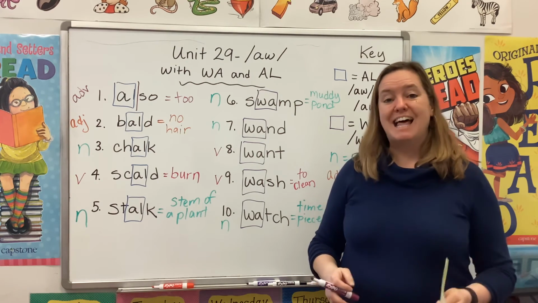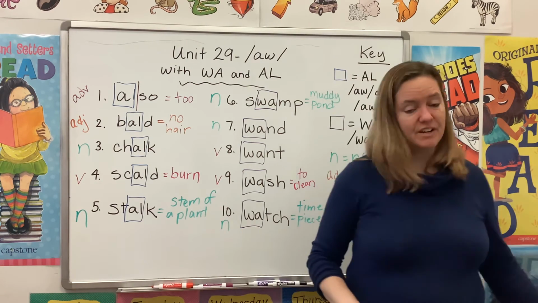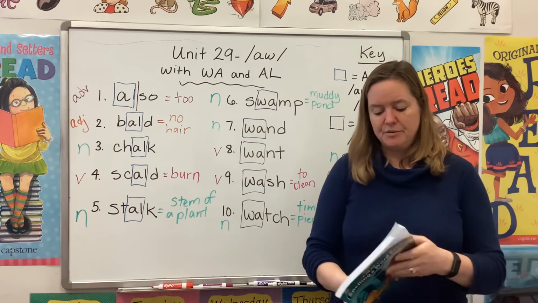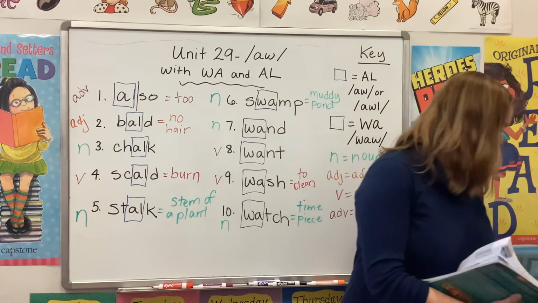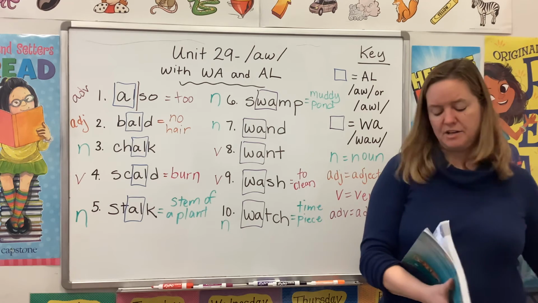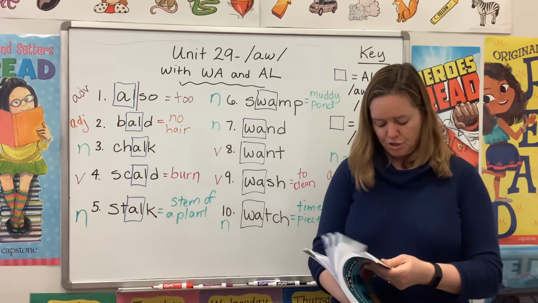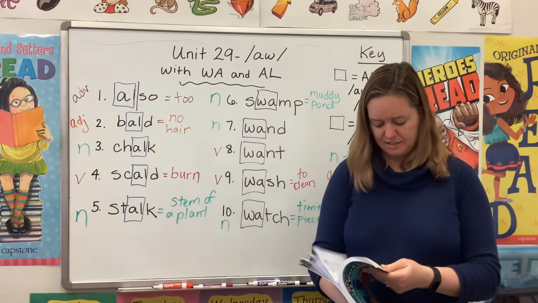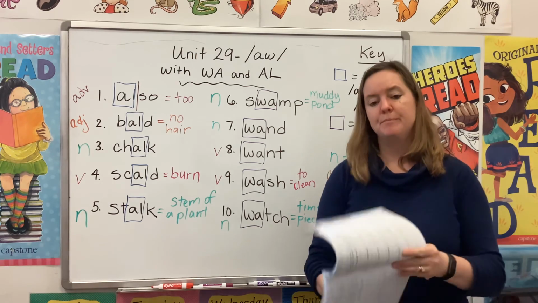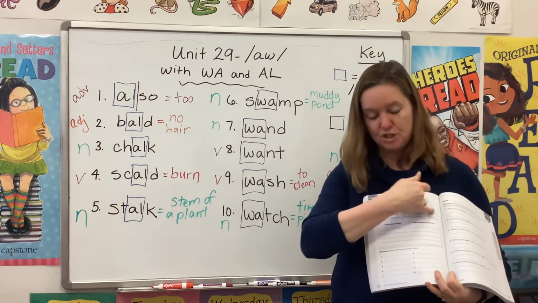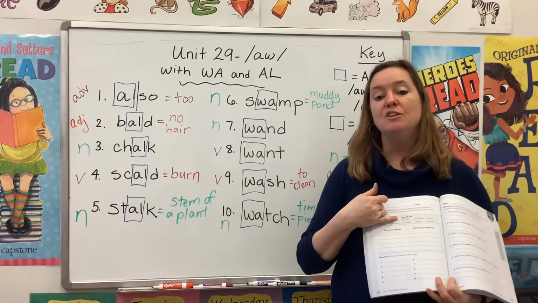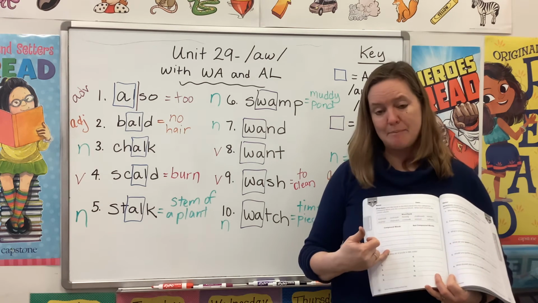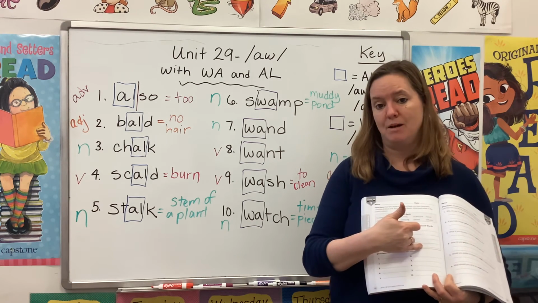Okay, the last thing I want to talk about with you very quickly, later in the unit on page 182, you're going to have a little bit of practice with compound words. You're going to have a whole bunch of words in your word bank, and you will have to decide if they are compound words or not compound words.